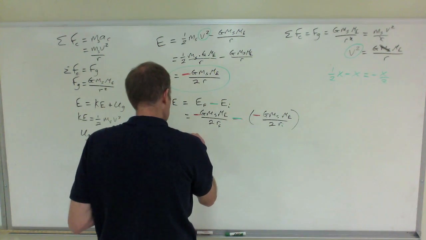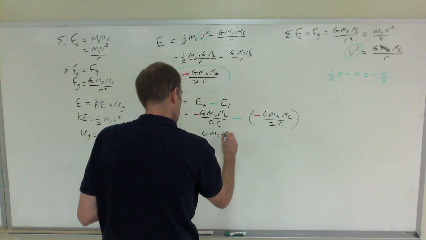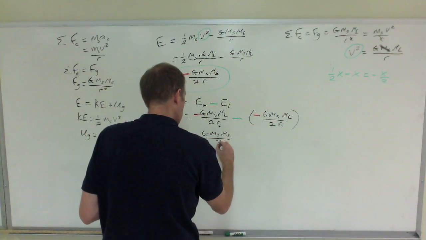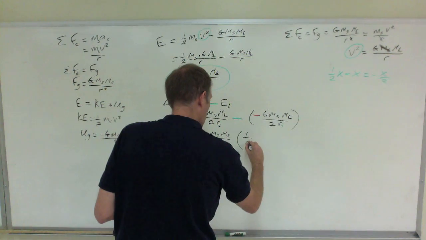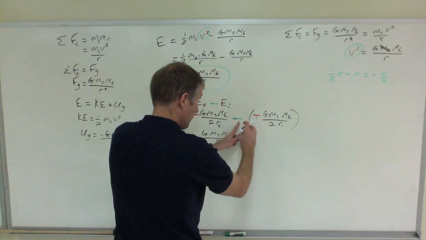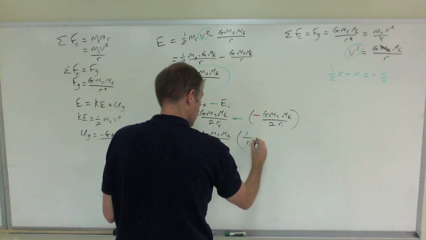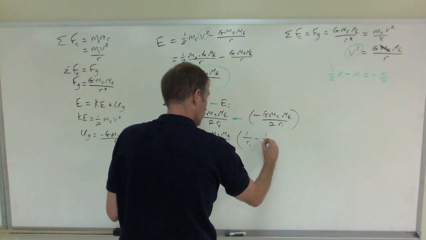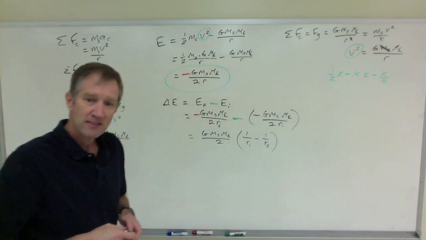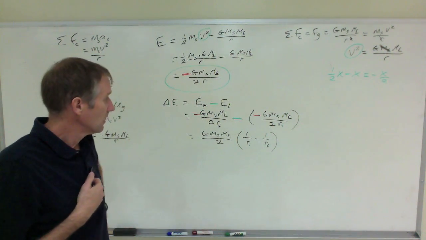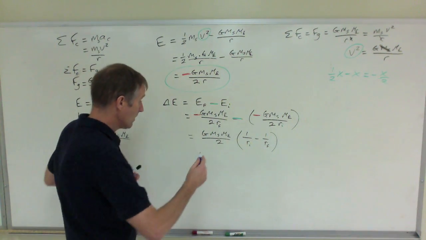This simplifies to G times the mass of the satellite times the mass of the Earth, all over 2, and then parentheses, 1 over RI, because remember that's negative to negative makes that positive. And then this is still negative here, minus 1 over RF. That's how you can calculate the minimum change in energy of a satellite.